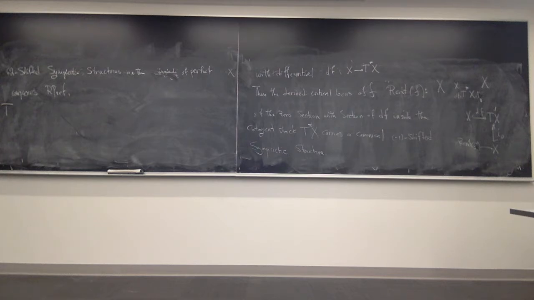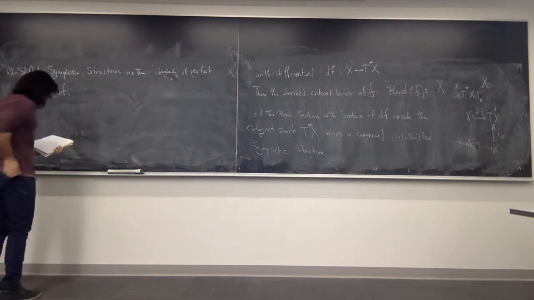And that induces a shifted symplectic structure on the moduli space of perfect complexes on that variety. For instance, if the variety is dimension 3, then it will be 2 minus 3. If it is Calabi-Yau 3, it will be minus 1 shifted. If it is Calabi-Yau 4, it will be minus 2 shifted. But this one is just all of the perfect complexes. This is a ginormous category. So this has a 2 shifted symplectic structure.